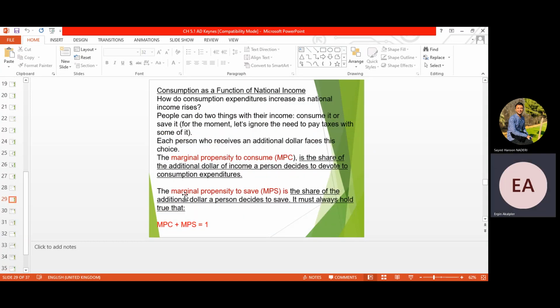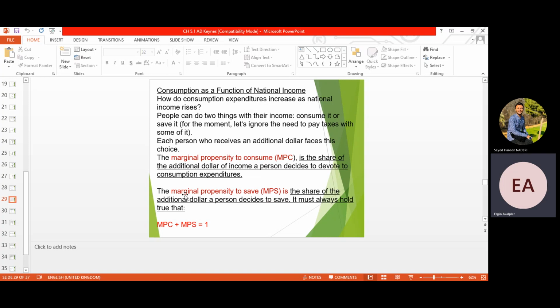Consumption is a function of the nation's income. How do consumption expenditures increase as national income rises? People can do two things with their income: either consume, as I said to you, or save. Either they consume their disposable income, or they put some into the banking sector.